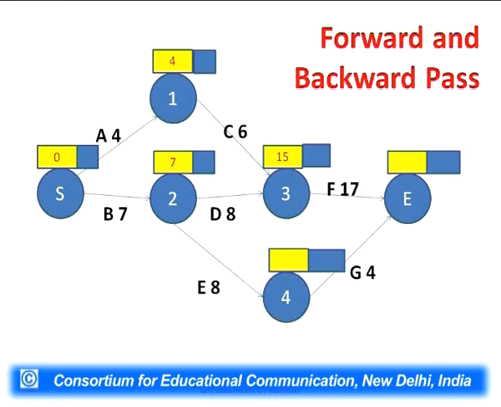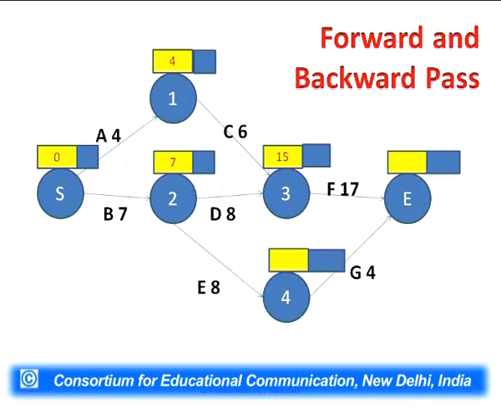Okay, now node number 3, there are two ways to come to the node number 3. One is via A and C, and the second path is via B and A. If we come via B and A, it will take 7 plus 8, 15 days. If we come via A and C, it will consume 10 days. And what is to be written?